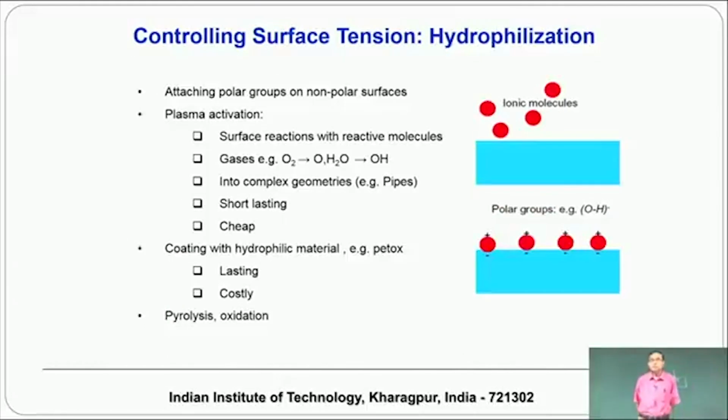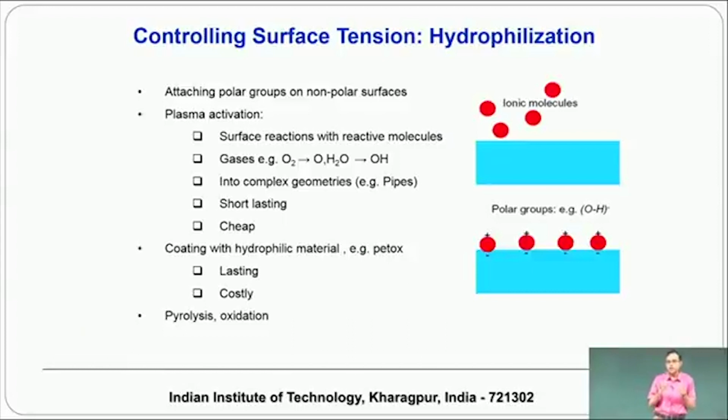Now, let me come to a third example where you can control surface tension by hydrophilization. Let me give you the perspective. Most of the surfaces on which microfluidic experiments are intrinsically done are hydrophobic in nature, like PDMS, PMMA.